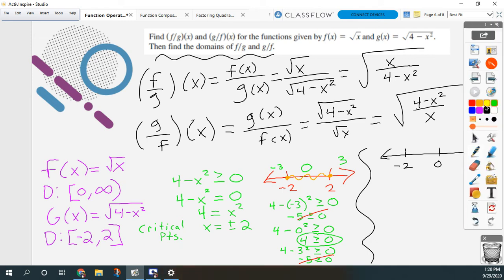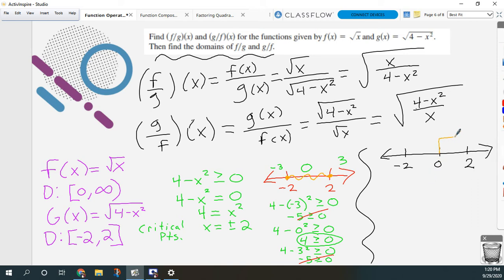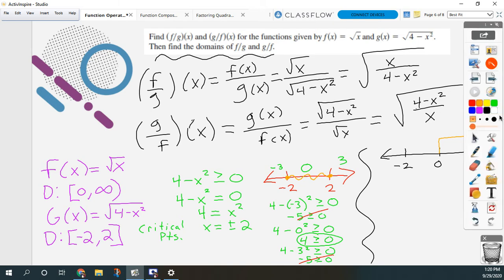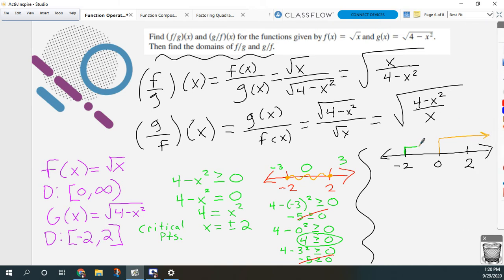So notice that for my first function, we are greater than 0. So I start at 0 and I go to the right. For our second function, we have to be in between -2 and 2.